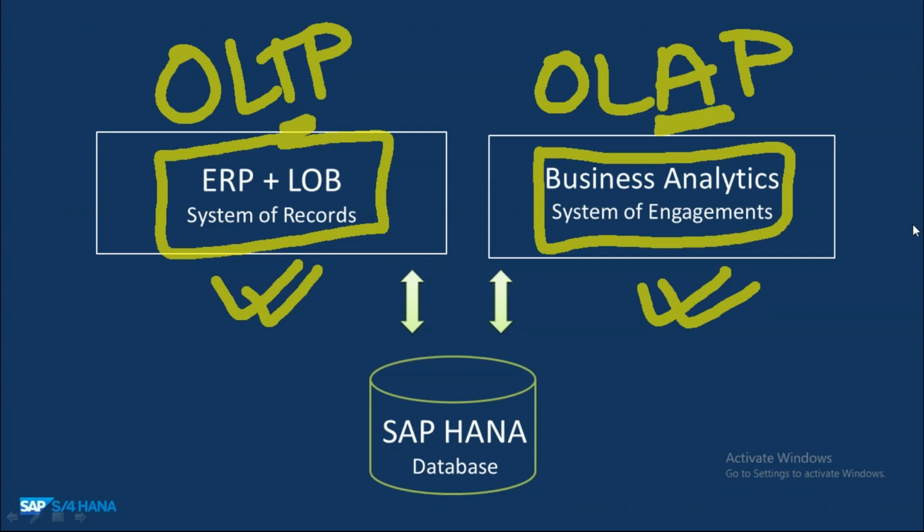We're talking about billions of records over the last 10, 15, 20, 25 years, and one box of S4 or HANA will not be sufficient. So for those very large enterprises, we still need the business analytics system offered by BW or BW/4HANA.